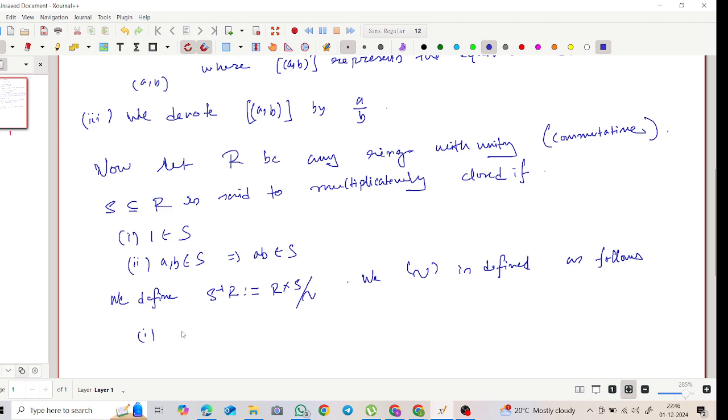(A, S) is related to (A prime, S prime), that is, we write A by S is equal to A prime by S prime if there exists F belongs to S such that... see, what did we show there, that this is supposed to be 0, na?